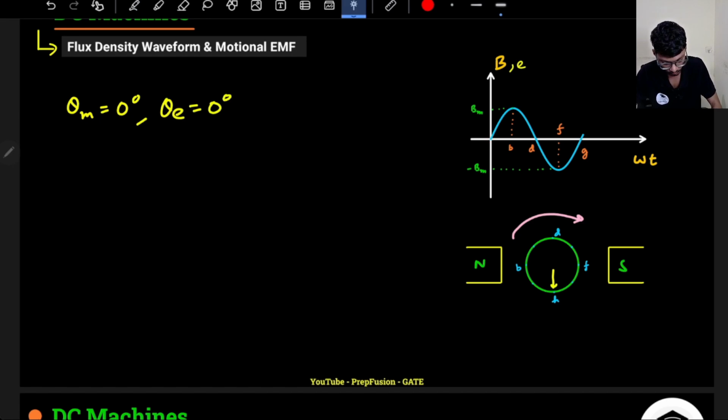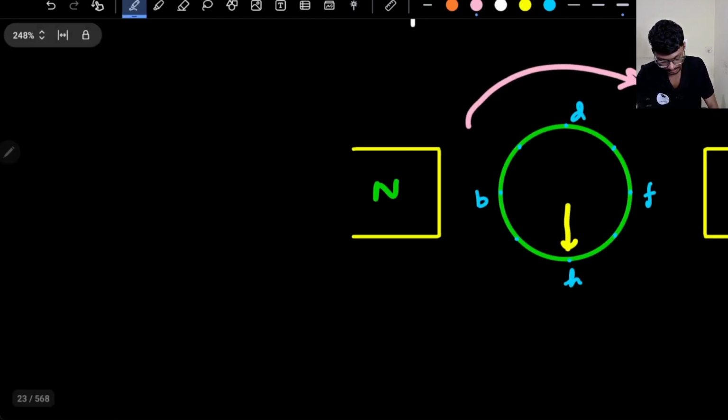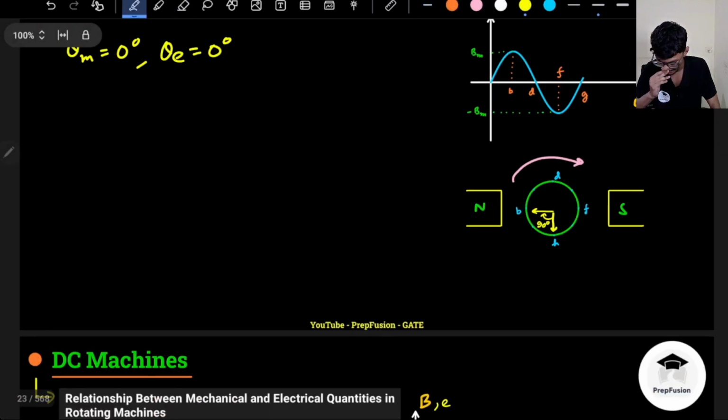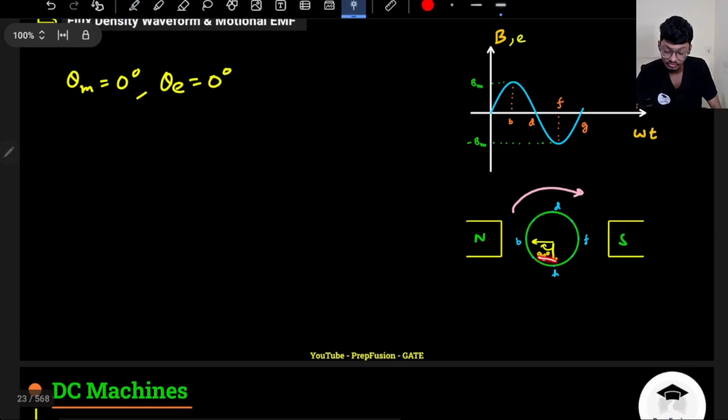If I rotate 90 degrees, how much have I moved physically?